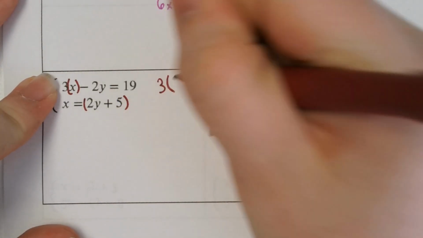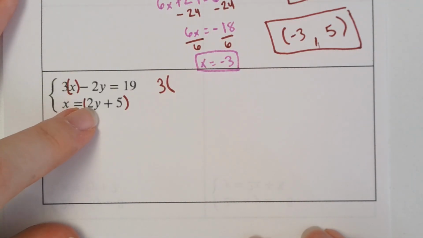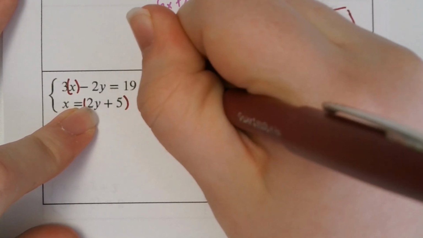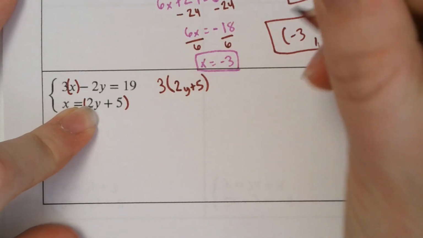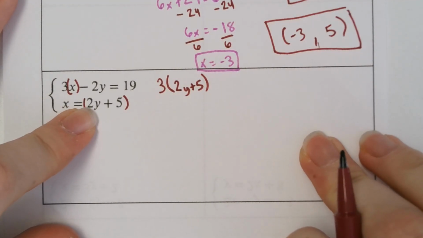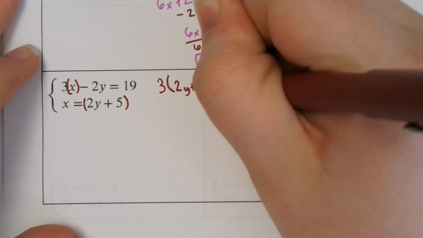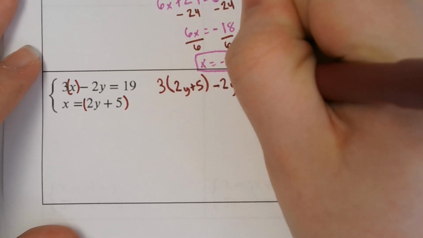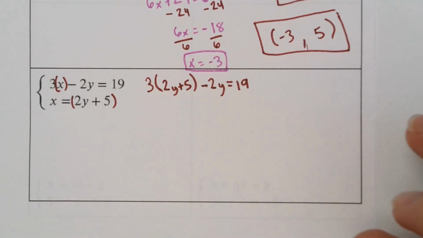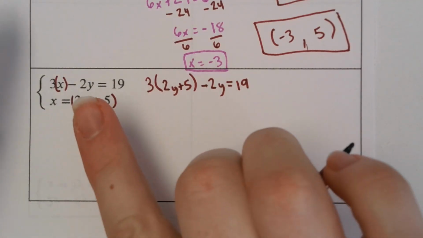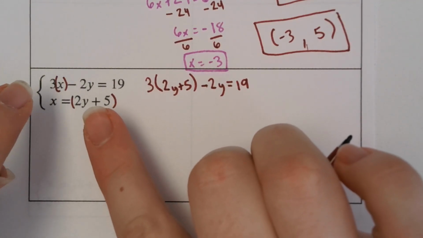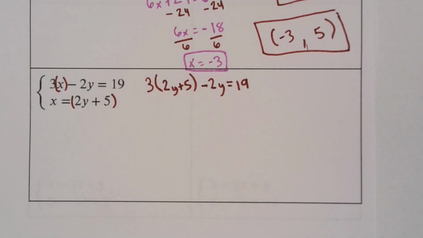So 3, and then the x comes right away. So it would be 2y plus 5 in parentheses right after that 3. Then we keep the rest of the equation the same. Minus 2y equals 19. So again, the only thing we changed was we plugged that 2y plus 5 in for x.